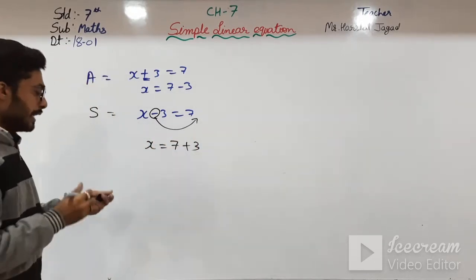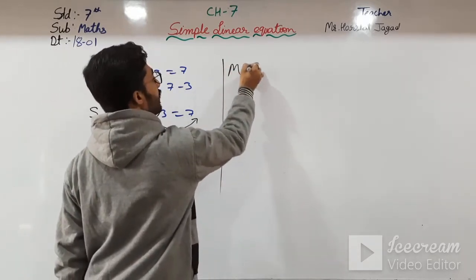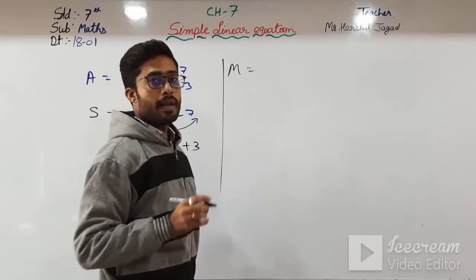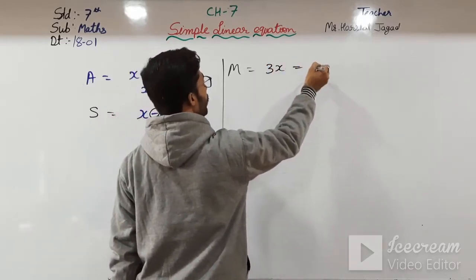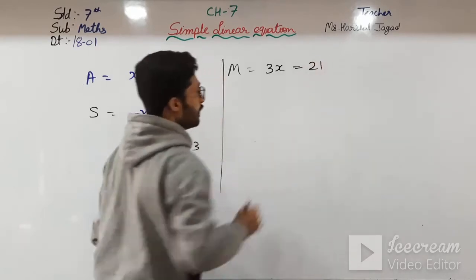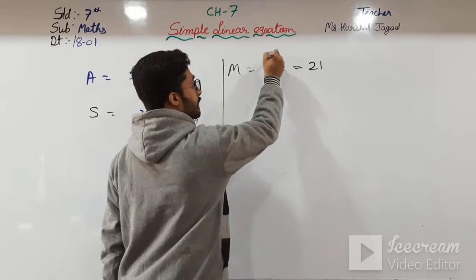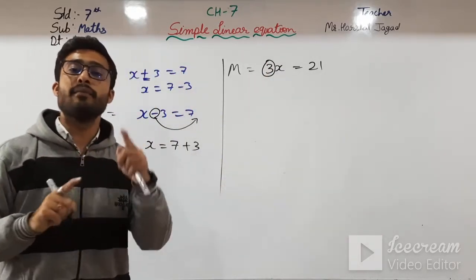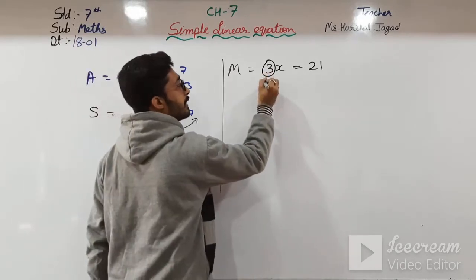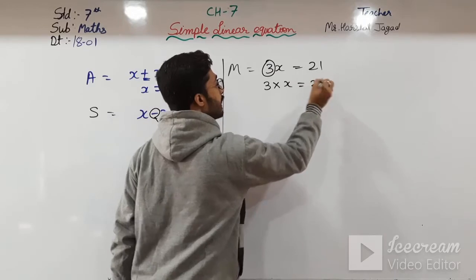In that way, in multiplication, see here I am writing multiplication. So over here, it is given 3x is equal to 21. It is given. Then you can see this 3 and this x are linked with multiplication, and I can also write this equation as 3 into x is equal to 21.